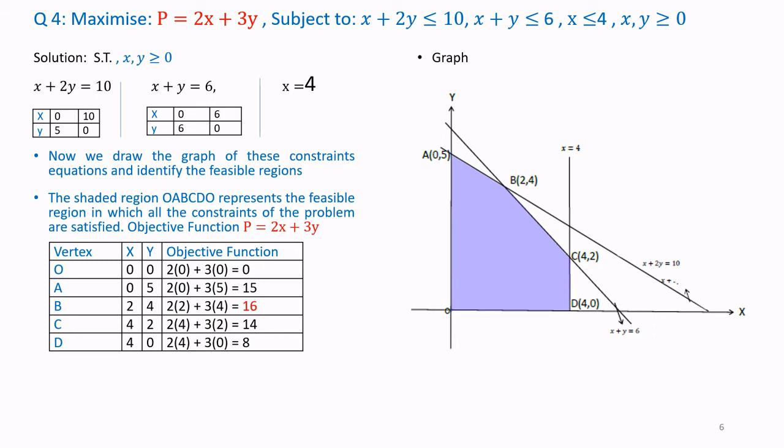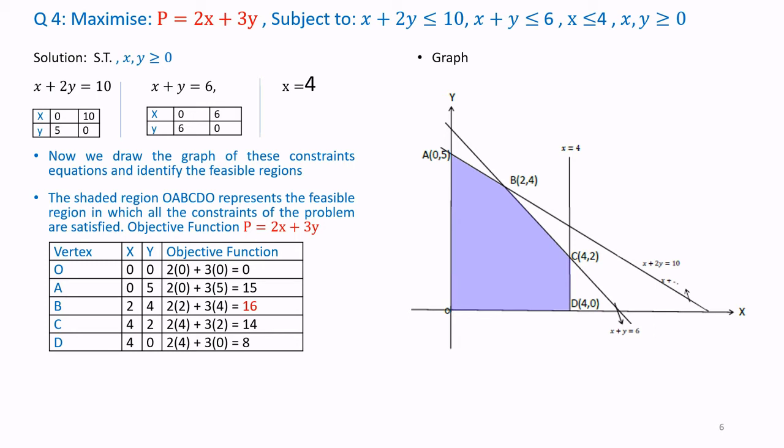Finally, we come to the point D, where x is 4 and y is 0. The same thing is written here in this table. So that becomes 2 into 4 plus 3 into 0. These points B and C can also be obtained by solving the equations for the respective lines.